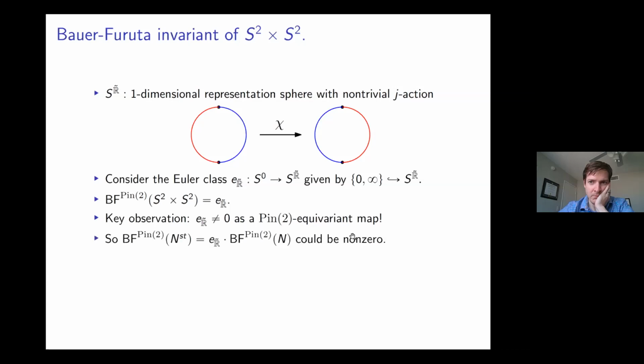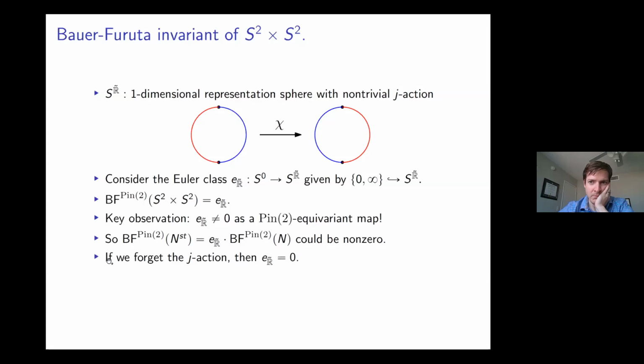Because of this fact, this product could be non-zero. If this map was zero, then multiplying zero with anything else you would just get zero. But since this is non-zero, it's possible that this product is actually non-zero. In our proof, we actually show that this product is non-zero. Therefore, we are able to distinguish it from the standard product bundle.